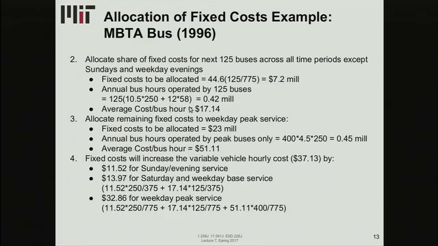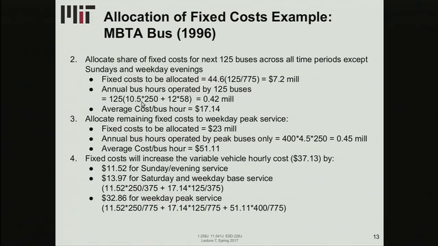So now let's move to the next 125 buses operating in all time periods except Sundays and weekday evenings. So how much money do we have to allocate? The 44.6 million total, times the additional 125 buses, divided by the total number of buses, that's $7.2 million. How many total bus hours are operated by those 125 buses?